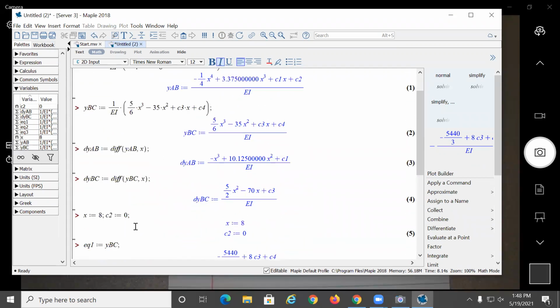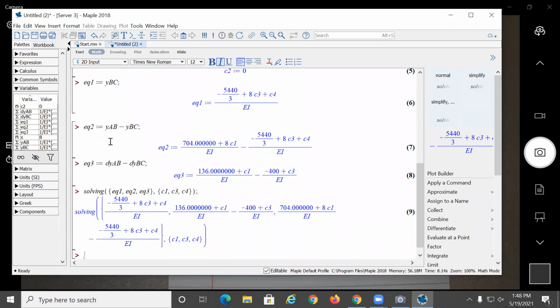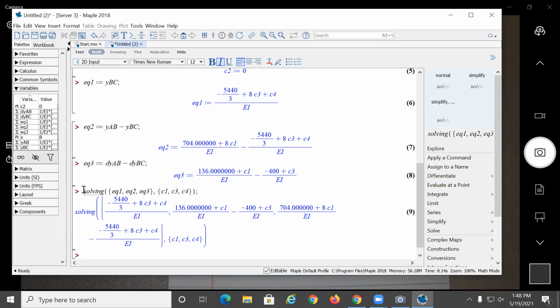All right, maybe let's simplify this a little bit. Solving EQ1, EQ2, EQ3 for C1, C3, C4. Maybe let's do something here. Maybe this will help.